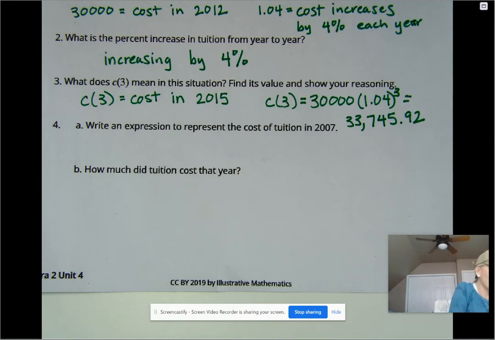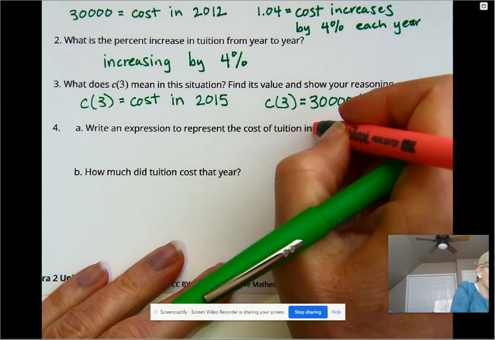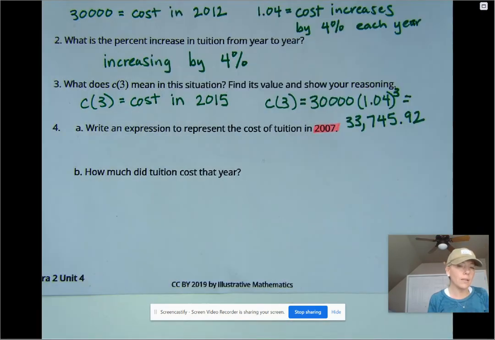So we're going to have an opportunity here to use a negative exponent in a context, and it makes sense because our initial amount is for the year 2012, and every other value we're finding is going to be in comparison to that. Well, if 2007 is before 2012, then we're going to need to use a negative exponent to represent that.